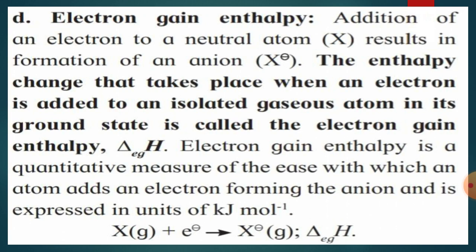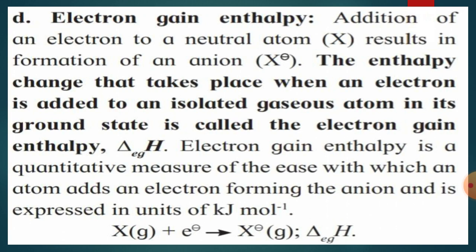So, students, what is electron gain enthalpy? It is the enthalpy change that takes place when an electron is added to an isolated gaseous atom in its ground state. It is denoted by the symbol delta Eg H, and its unit is kilojoule per mole.